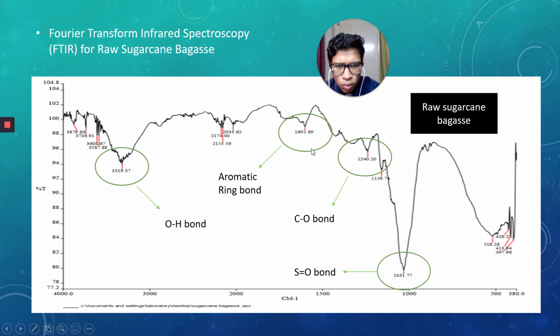Next is 1600, which contains an aromatic ring bond, which means that there is lignin. And also 1200 contains a CO bond, which is also lignin. And lastly is the S=O double bond at 1000, which is the sulfoxide class.